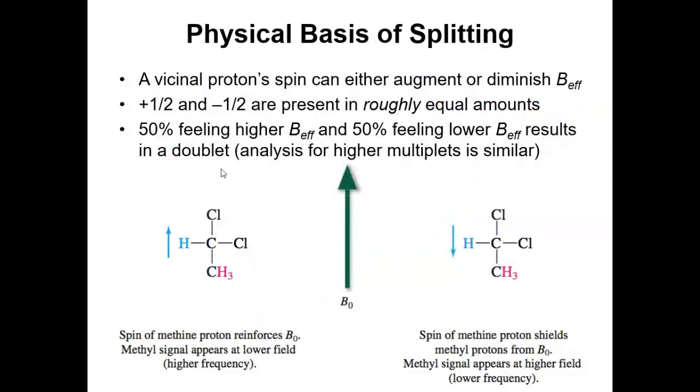Now, you may ask, why was the signal of the methyl protons splitting into a doublet? That is because the 3 methyl protons experience the magnetic field B0, and also the shielding effect of electrons.